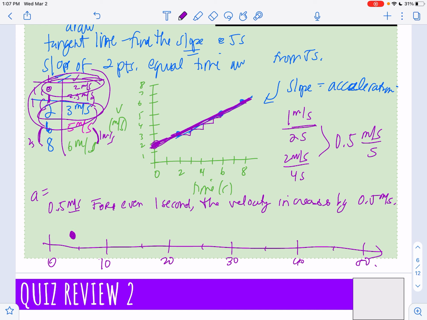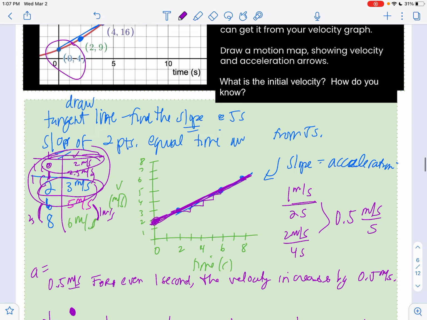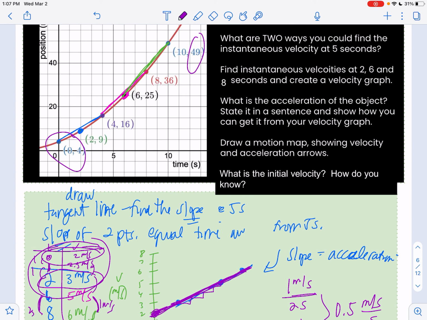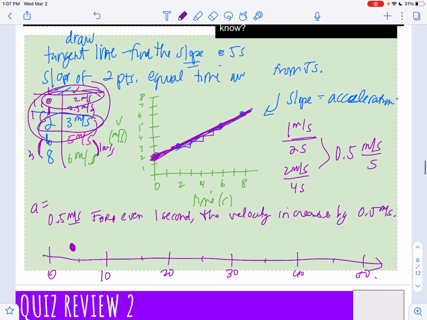It already has a velocity of 2 meters per second, so it's going to have some speed when I start looking. There are a lot of points here, so I might just make a 2-second tick, so that I can plot the points that are given. Otherwise it's going to be hard to fit.